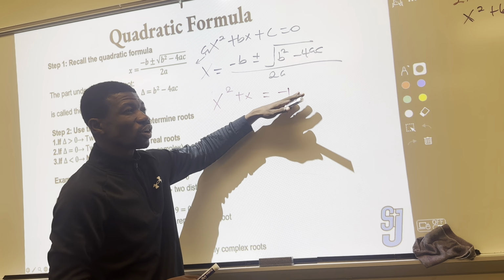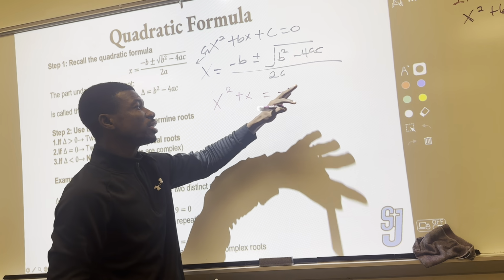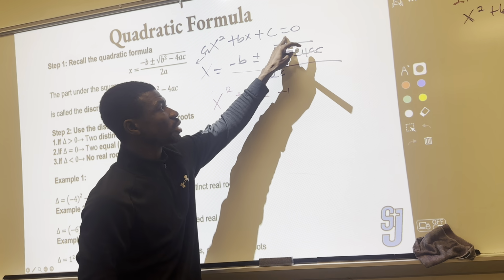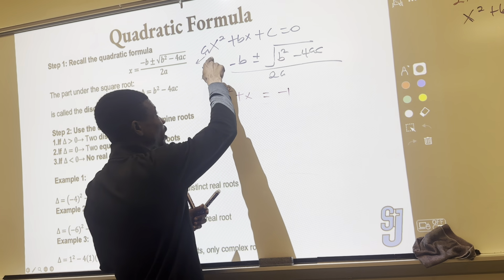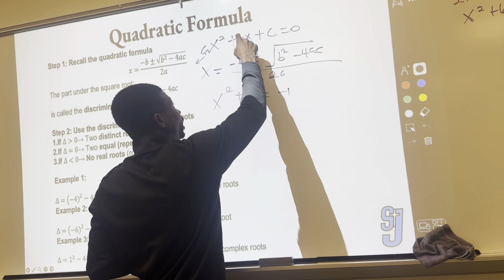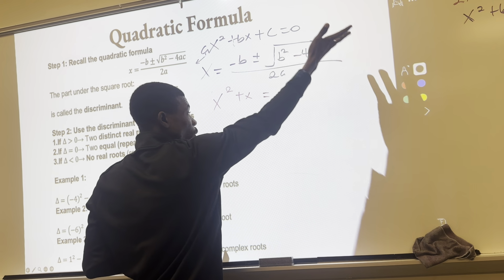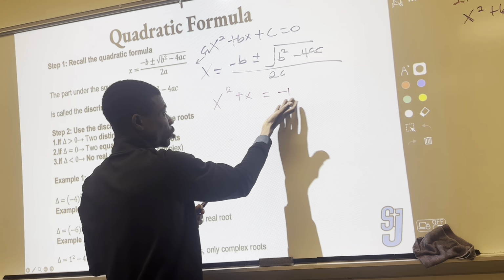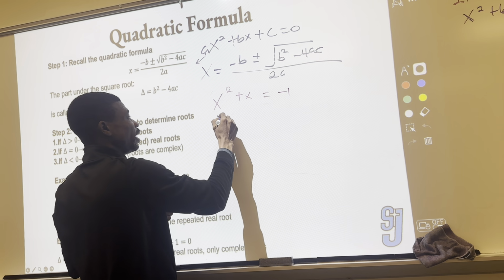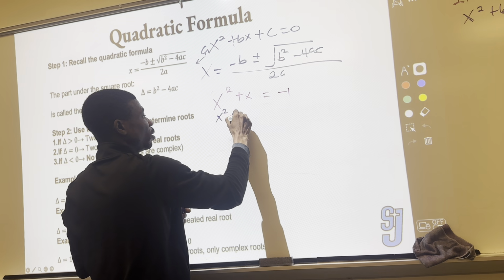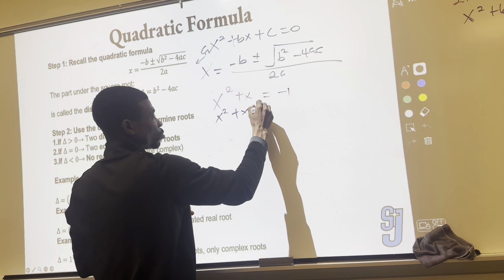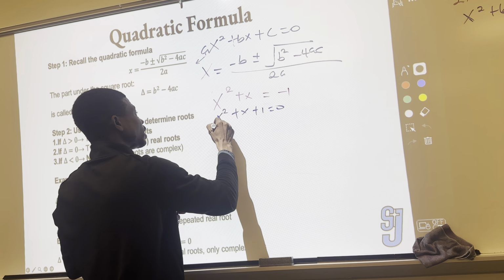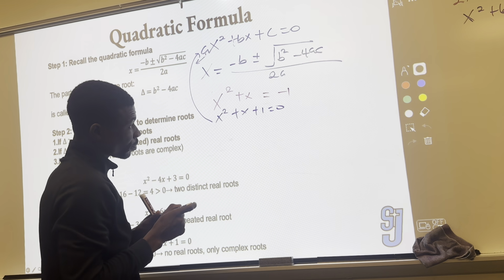But because you are not solving with the method of squares, always make sure that it follows the standard. The standard says that you have ax squared plus bx plus c equals 0. It doesn't follow the standard. So to follow the standard, I have x squared plus x plus 1 equals 0.